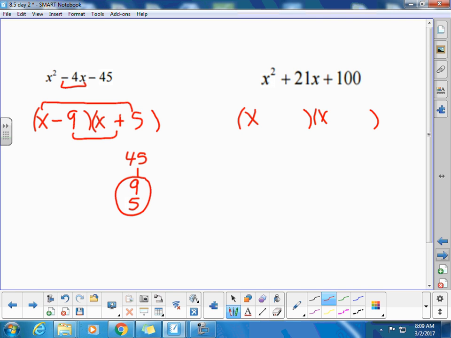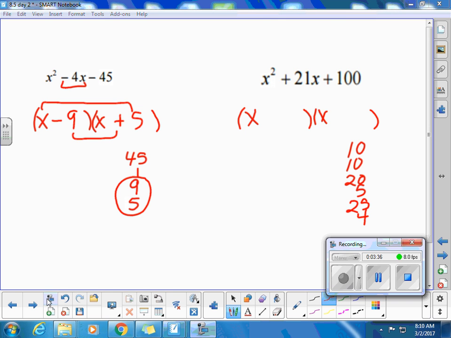So we have 10 and 10. What else do we have? 20 and 5. 25 and 4. But we need them to add up to 21, so we need something smaller than those numbers because they both have to be positive.